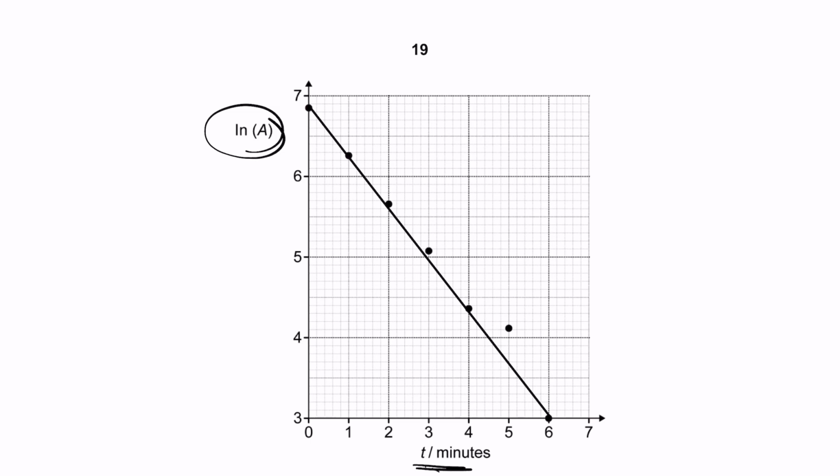So we have 6.5, 7, so 6.85, I'd say, because it's bang in the middle. So that value is 6.85, and the original value is not 0, it's 3, bear that in mind. And the change in x-axis is 6 minutes.